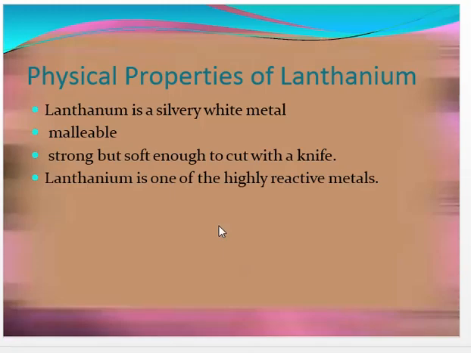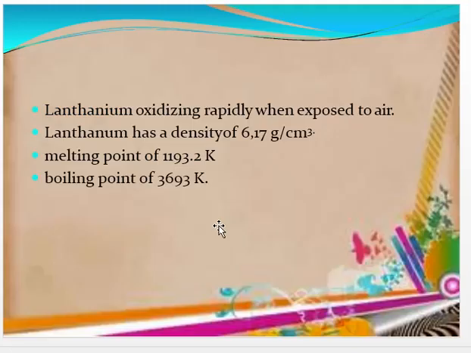About physical properties: lanthanum is a silvery white metal, malleable, strong but soft enough to cut with a knife. Lanthanum is one of the highly reactive metals. Lanthanum oxidizes rapidly when exposed to air.